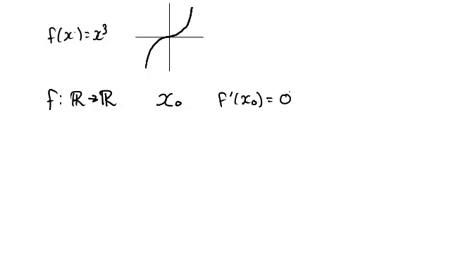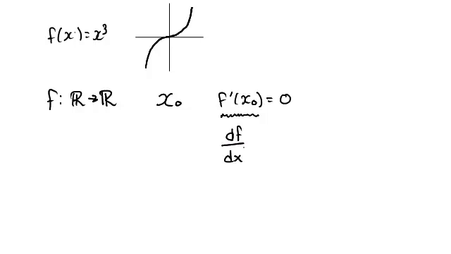Remember, f prime x is a function, and if x0 is a constant, this notation means that we are evaluating a function at the constant x0, and if that's 0, then this constant is called a stationary point. Another way of writing this is to write the derivative as df dx.